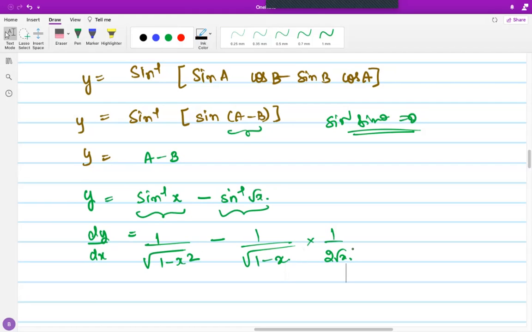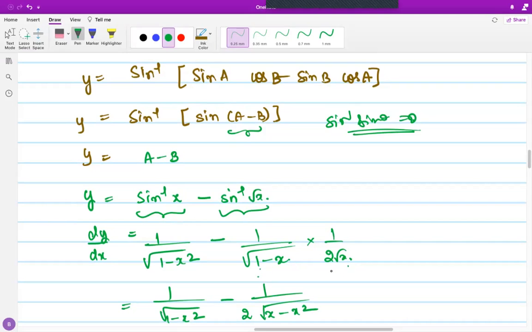So what do I do? Within the root, you can multiply it. I just have to write it in the standard form. That's all. So 2 is outside the root, so x minus x square. x into x within the root, you can multiply it. So x into 1 is x and x into x is x square. So this is the answer, dy by dx.